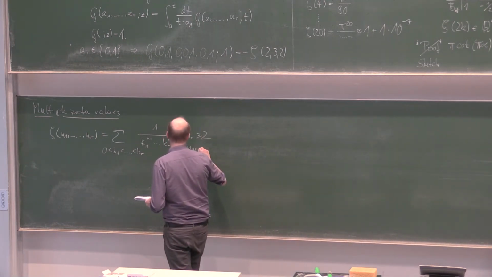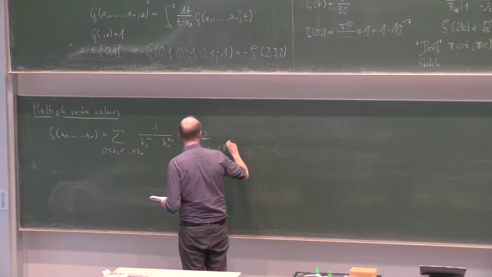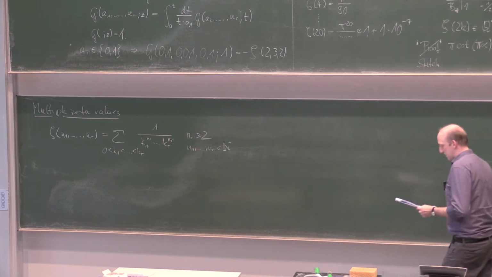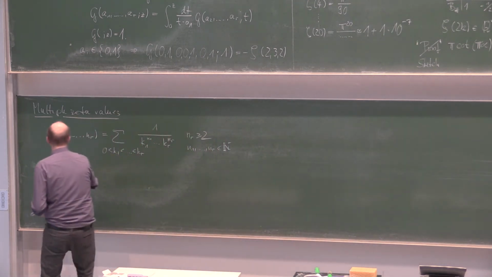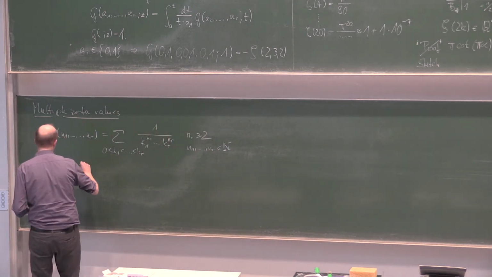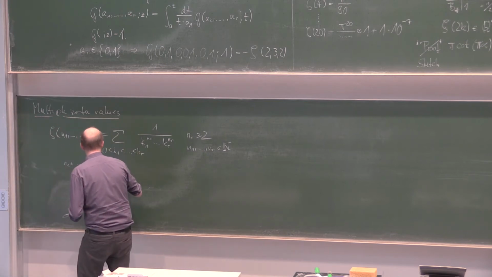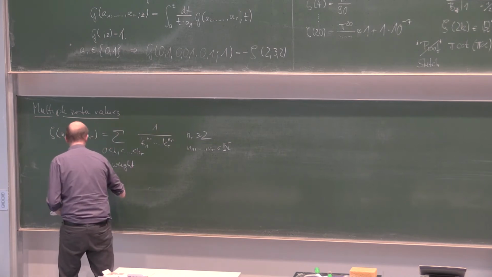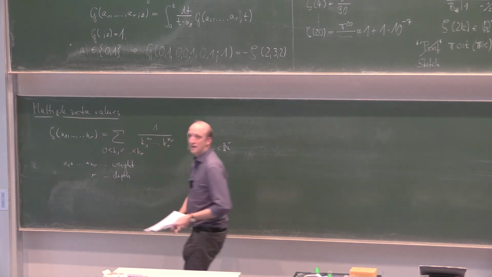For completeness, n1 to nr should be elements of the natural numbers, and I will call the sum of all the arguments the weight of the multiple zeta value, and r the depth.